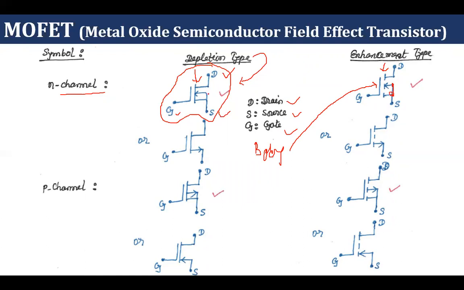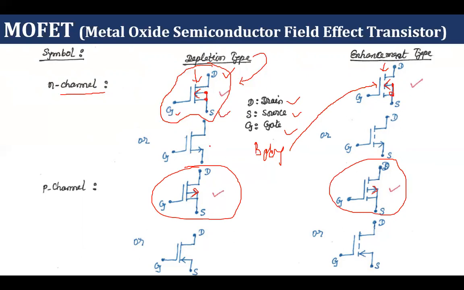This is the body terminal, and it is short circuited with the source. So if body terminal has been shown, then we have to make the arrow marking on body terminal, and it should be towards the device. And if it is towards the device, then it is representing N channel MOSFET. If it is away from the body, away from this vertical line, then it is known as P channel MOSFET.